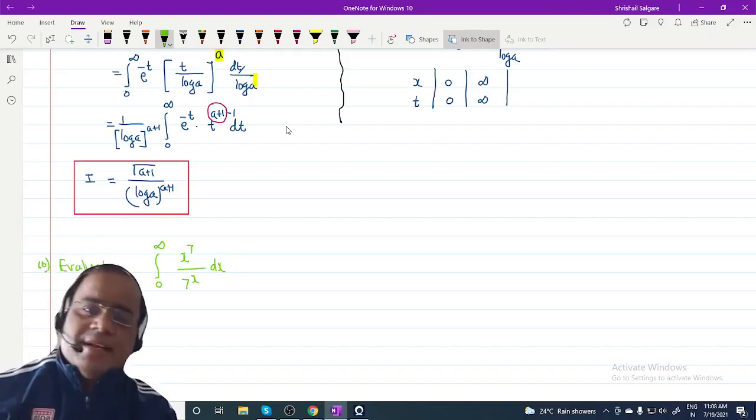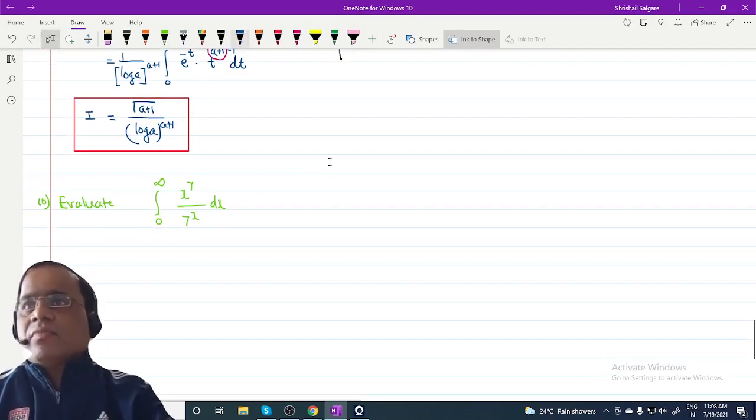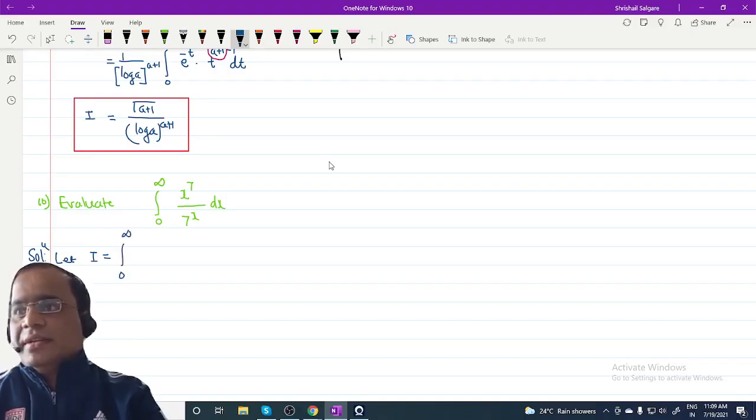What I did here is I am giving the value of a as 7. Therefore, for this solution, I will call this integral I. So let I is equal to integral 0 to infinity x raised to 7 divided by 7 raised to x dx.